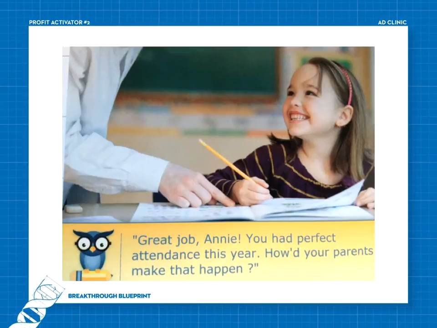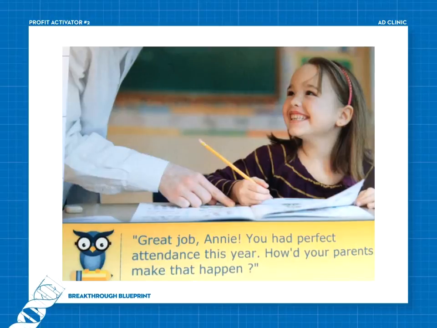This was a postcard that one of the members at our Platinum event just a couple of weeks ago submitted for the ad clinic that we did in Phoenix. Looking at the front, we see a young girl in school, and the headline: "Great job, Annie, you had perfect attendance this year.